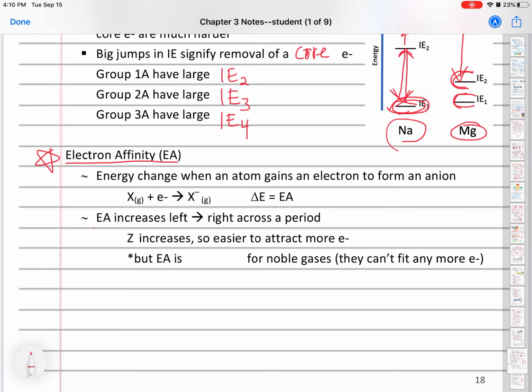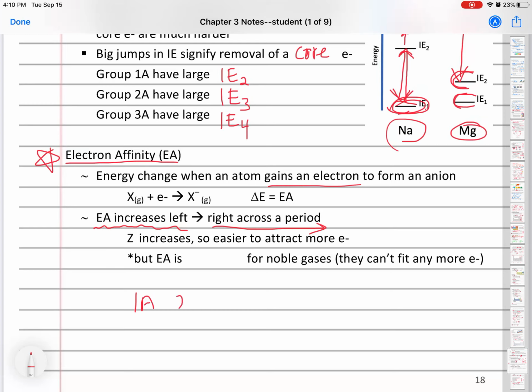And as it turns out with energy, the more negative the value, it's actually the more favorable. So it's kind of weird and backwards, and the reason I'm not getting into it is because the electron affinity actually increases as the energy is more negative, which is very counterintuitive and confusing. So it increases right across a period. In other words, it becomes easier and easier as we go across the period to add an electron to things.